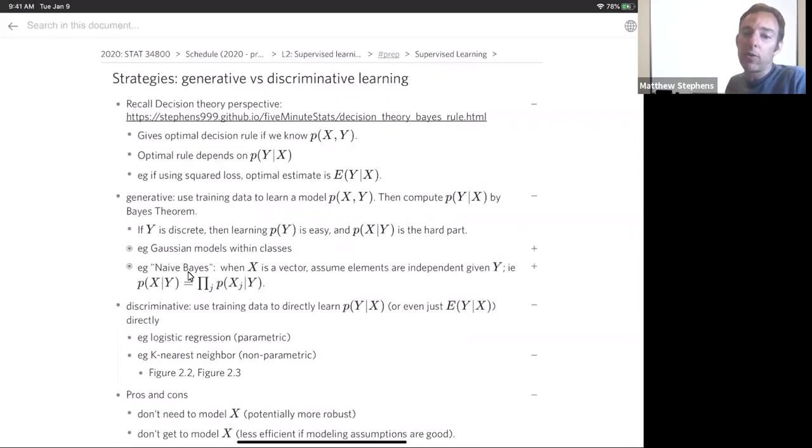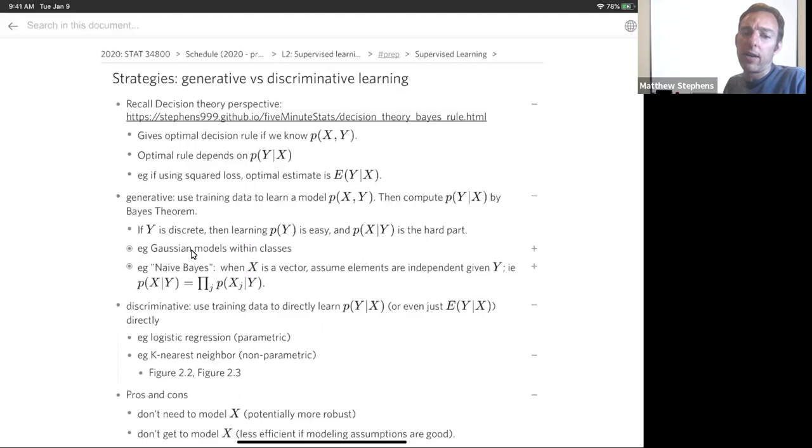So another thing that people do is simplify it, and it's sometimes called the naive Bayes procedure, and just assume, even though it might not be true, a model where the x's are independent from one another given y. That could be useful, and it might allow you to use non-Gaussian methods within each class, for example. There are more complicated things and probably in many cases better things to do, but here are two simple examples.